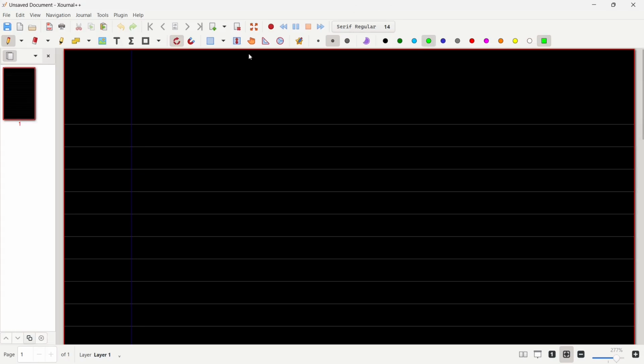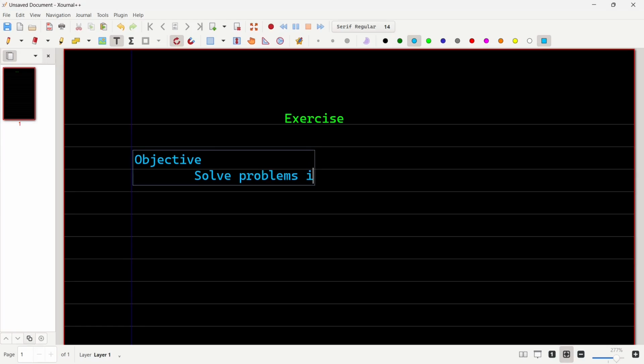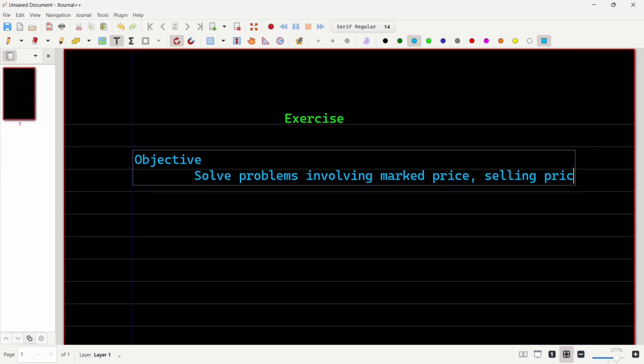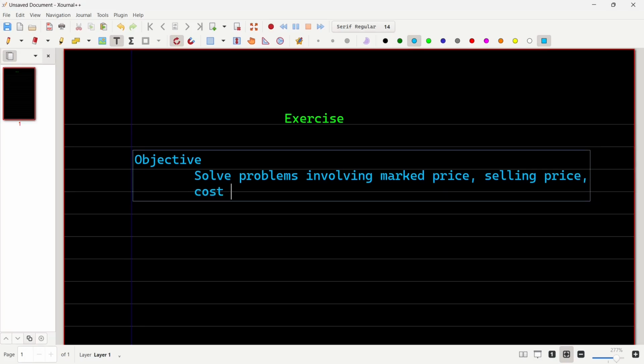So let me just put the topic for today. Today is just going to be a regular exercise, and the objective that it's going to achieve, this is the objective outlined in the syllabus, is to solve problems involving marked price, selling price, cost price, profit, loss, or discount.